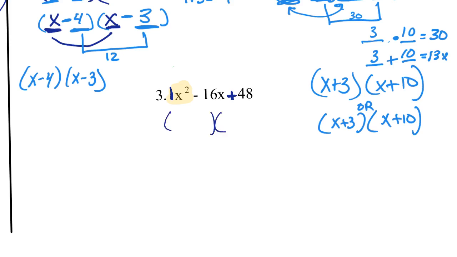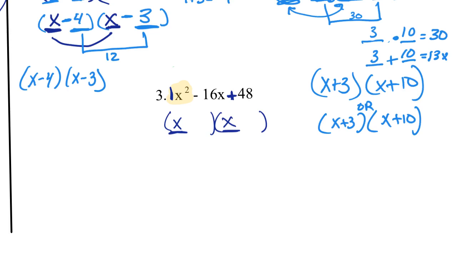So I know right away I'm trying to break it into 2 binomials. What times what is x squared? Well, I know that that's going to be always x times x when it's a leading coefficient of 1. My next goal is to finish out and figure out what numbers go there. What 2 numbers are going to fill in those spaces?